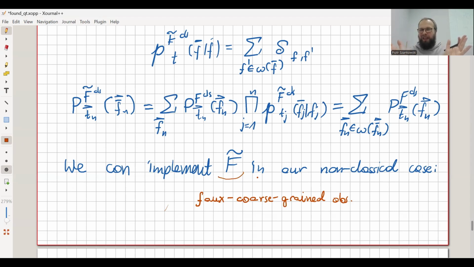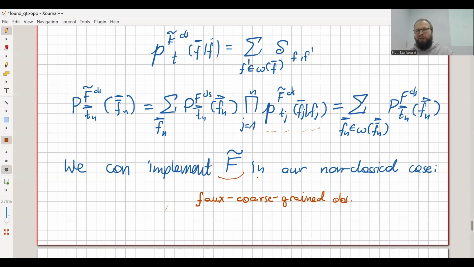You get your results distributed according to the joint probability P F, and you then let your devices post-process the result. Fundamentally, physically, they measure observable F, the fine-grained one, and they then just display to you something else. So this post-processing, of course, is implemented by this kind of filter function as well.